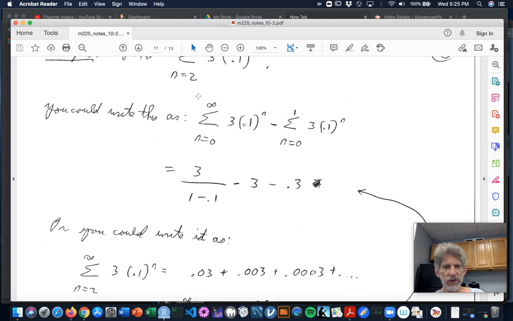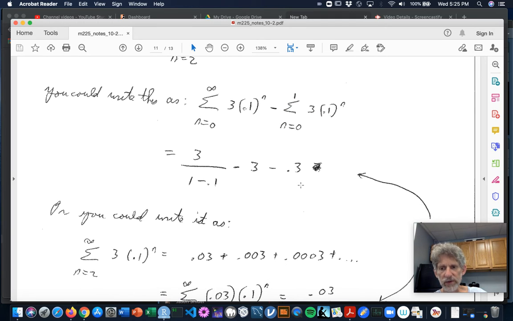And then this geometric series, the ratio is 0.1, between -1 and 1, so it converges to c over 1 minus r, and then I just subtract off the 0 term and the 1 term from the sum. So I could simplify that if I wanted.